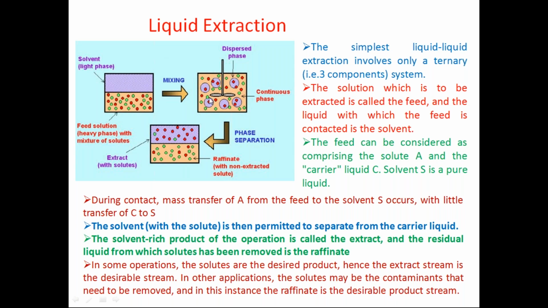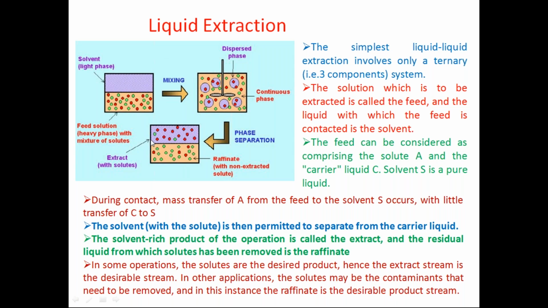So all will be mixed in a mixture. You can design this mixture, then it will be sent to the phase separation. So phase separation will be done in a decanter. It is based on the density, because there is immiscibility between the organic solvent and the feed solvent. So it will be settling like this.